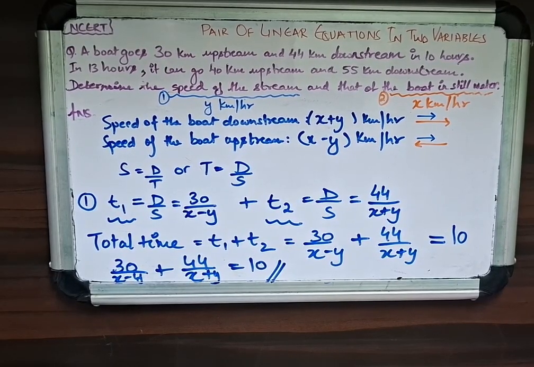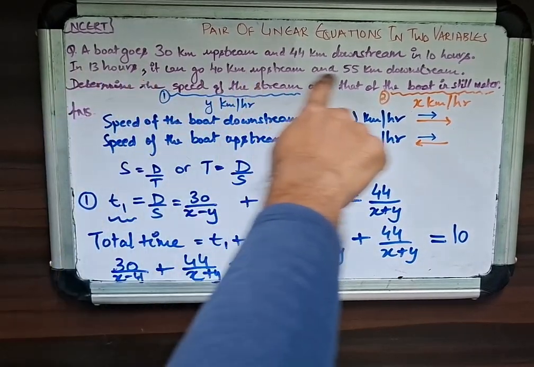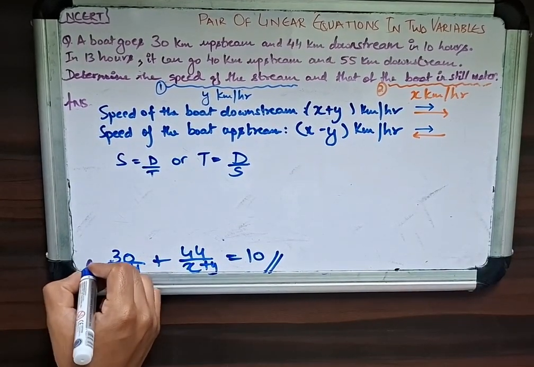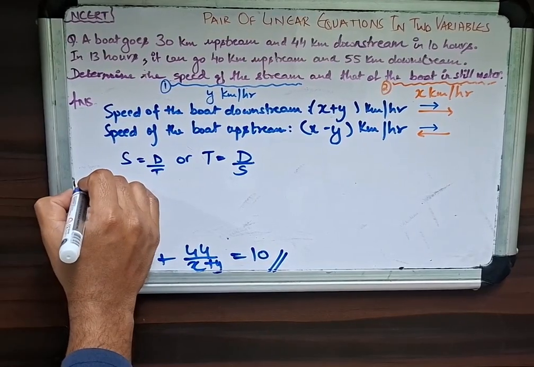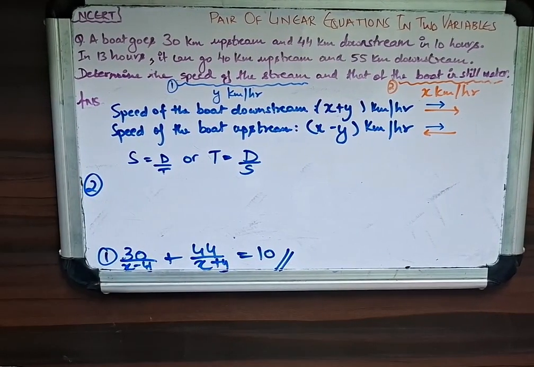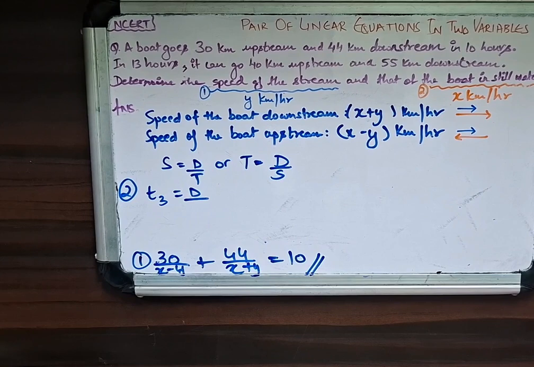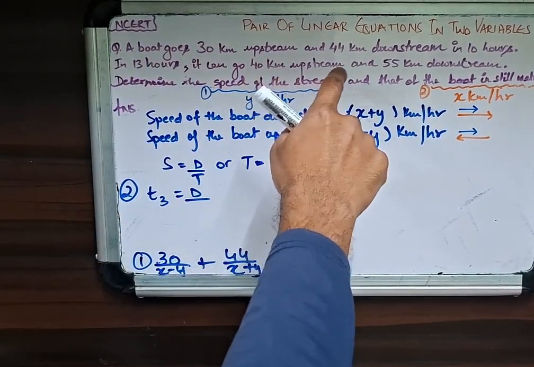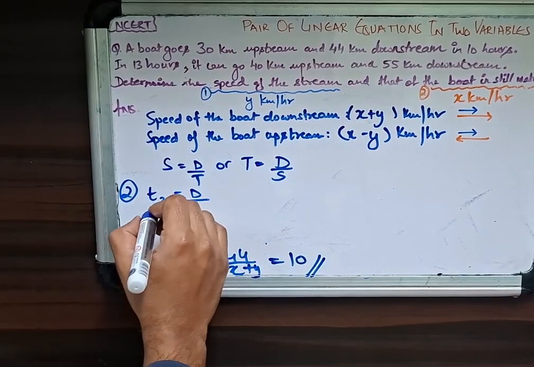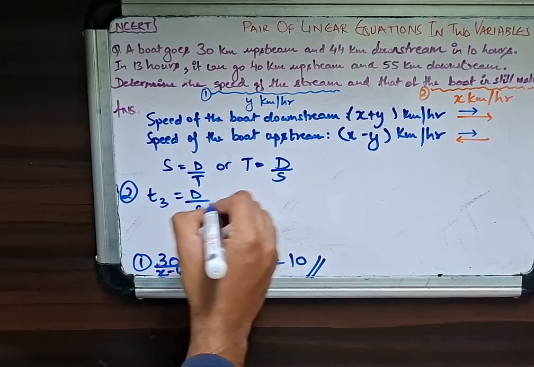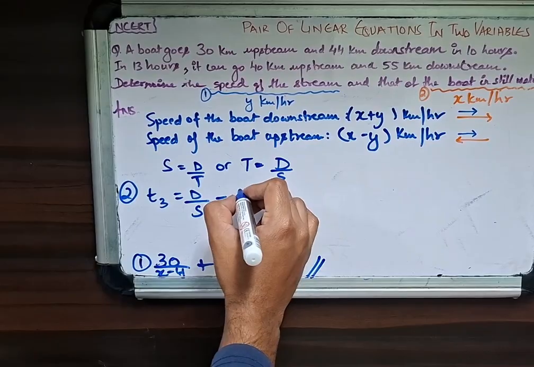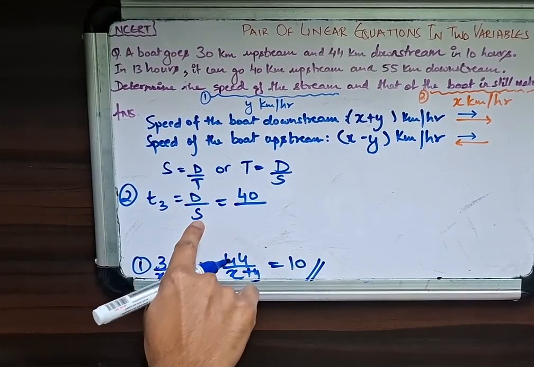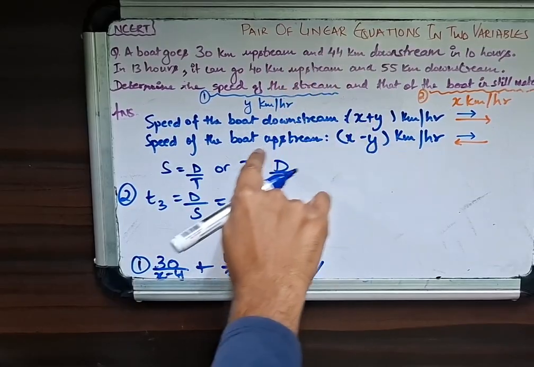Similarly, using the second statement, let's keep this at the bottom for quick reference. Second, let's denote the time taken by the boat to go 40 kilometers upstream by T3. T3 is equal to d upon s, which is distance 40 upon s, speed of the boat upstream.